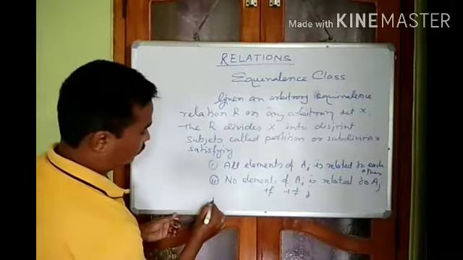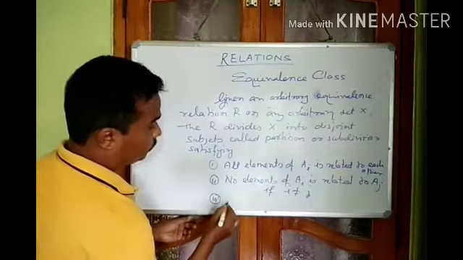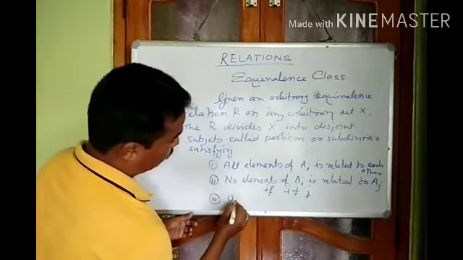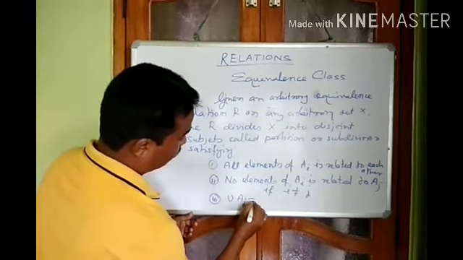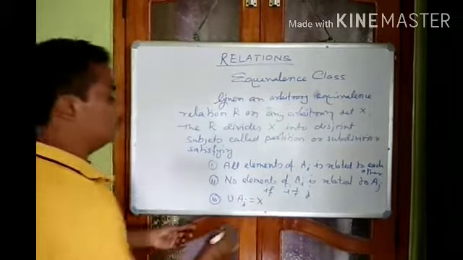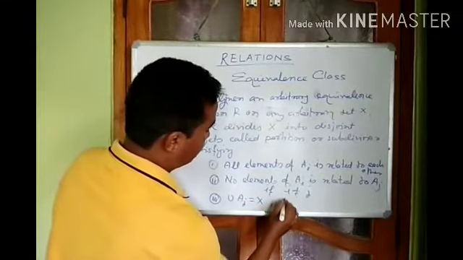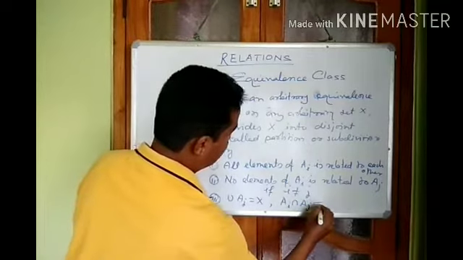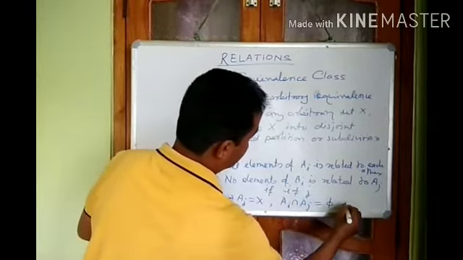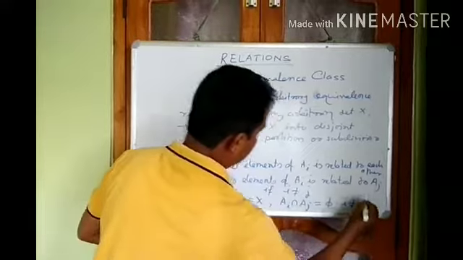And third one, union of Ai equals X, where Ai intersection Aj equals phi if i is not equal to j.